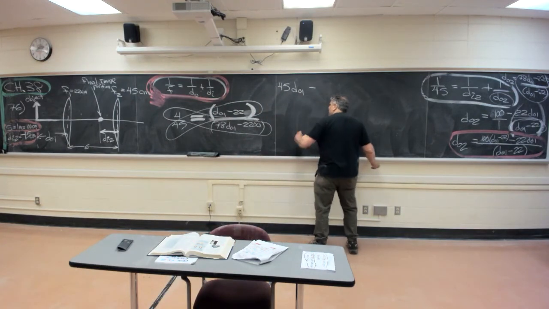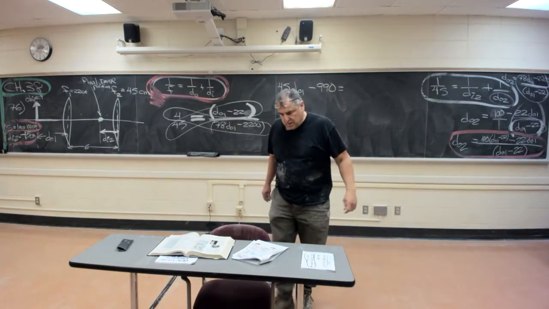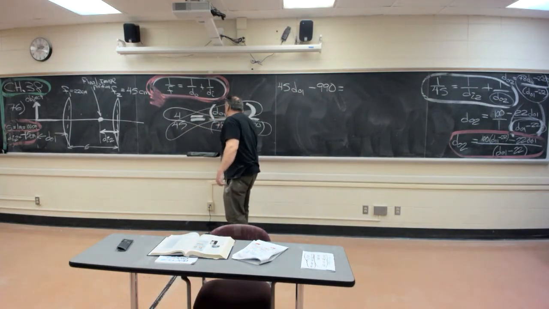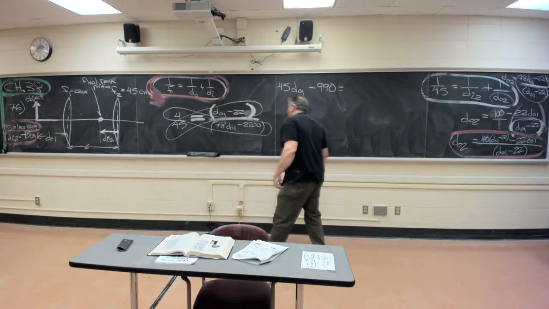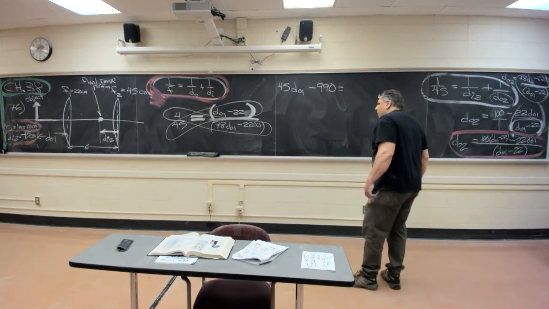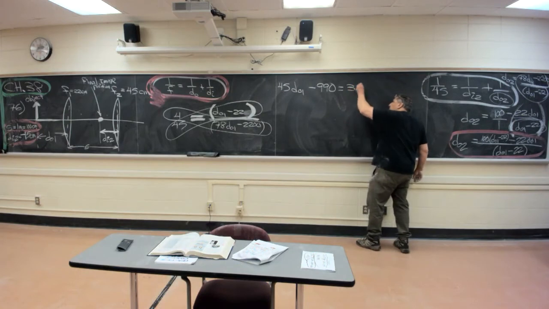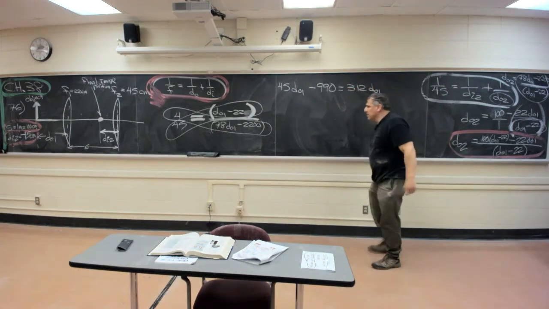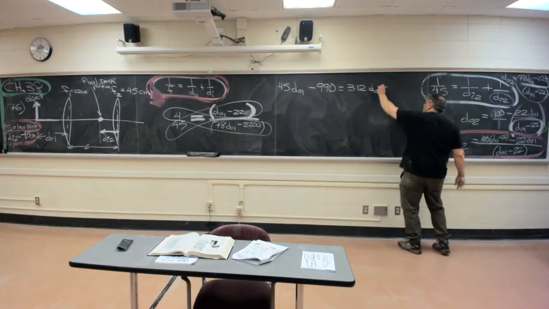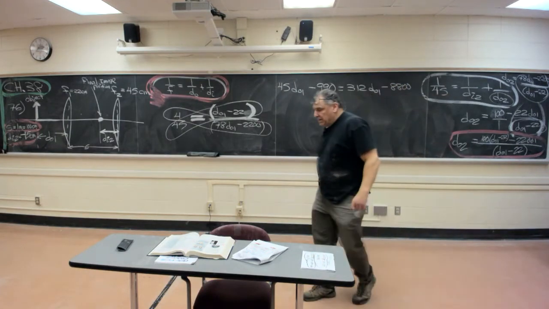45 DO1 minus 990. And then you go this times all that equals this times all that. Well, this right here is 312 or thereabouts. Let me see here. Yeah, 312 it is. 312 DO1. 4 times that is 8,800. There's a subtraction there.